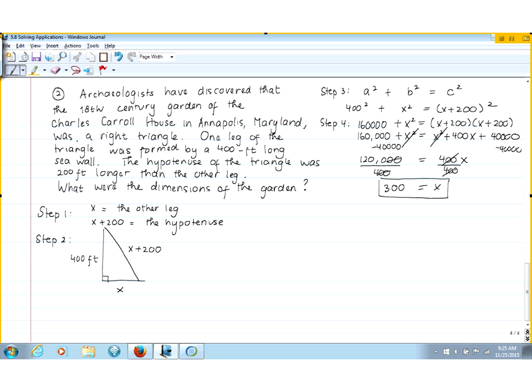Okay. So what are the dimensions? So it's asking what are the measurements for the sides. How do we answer this? The other leg is how many feet? 300 feet. What about the hypotenuse?